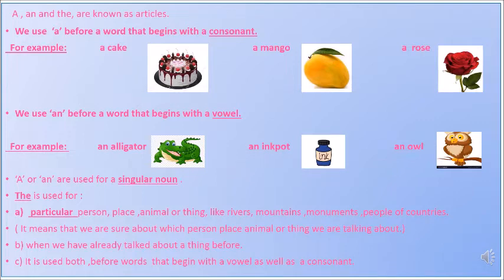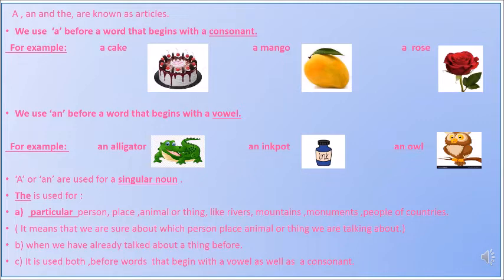And people of countries. People of countries means like we are living in India, and India is our country, and because we live in India, we are called Indians. The Indians are very brave.